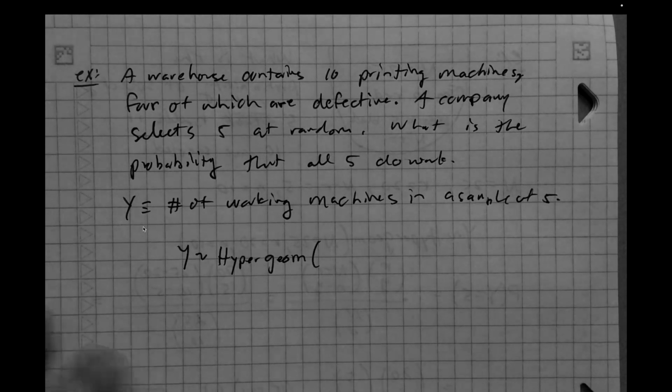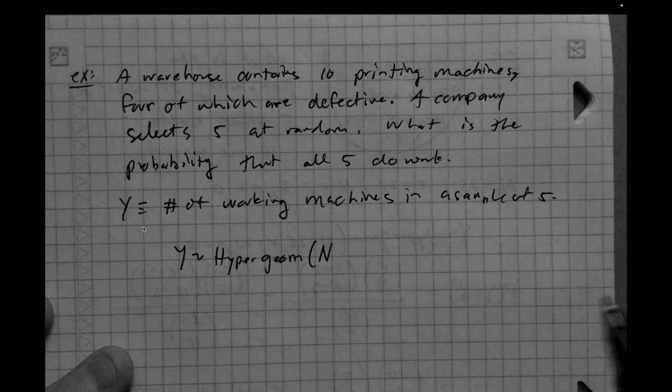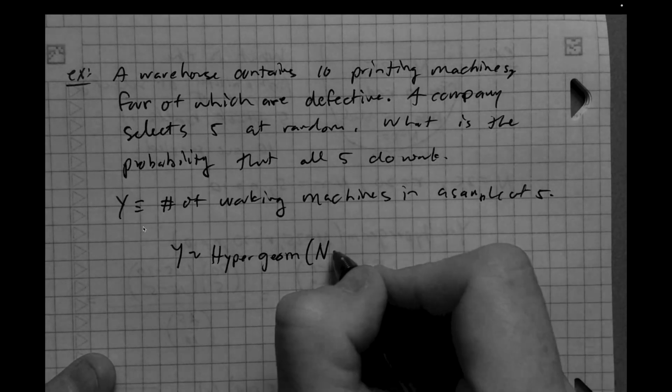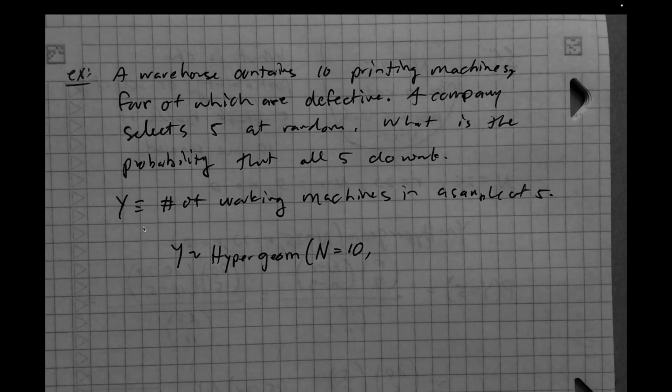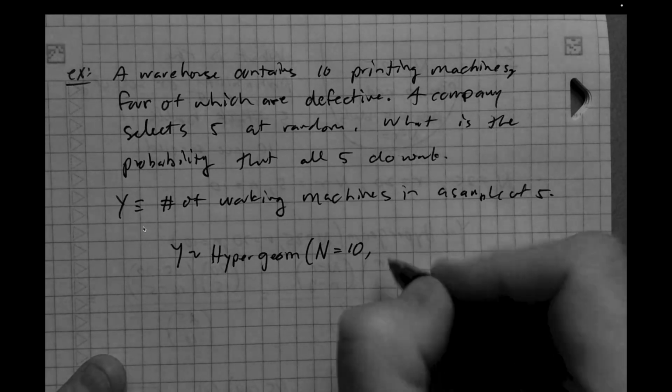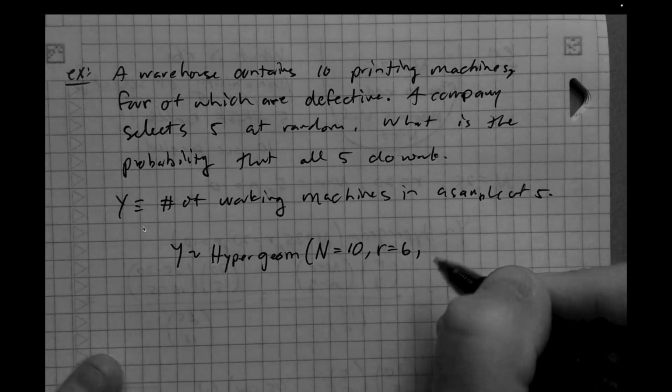So what are my parameters? What is the population? In this case, the population is 10 printing machines total. How many of those 10 represent successes? Success in this case is picking one that works. So R is equal to 6.